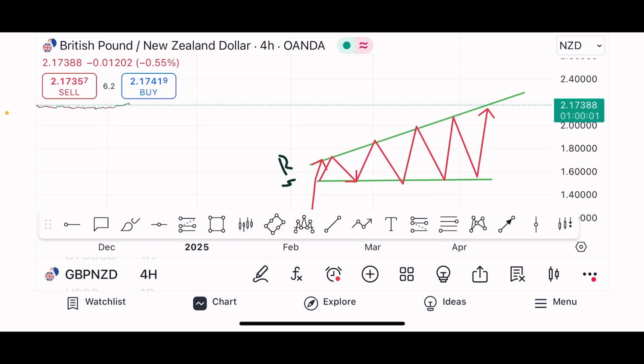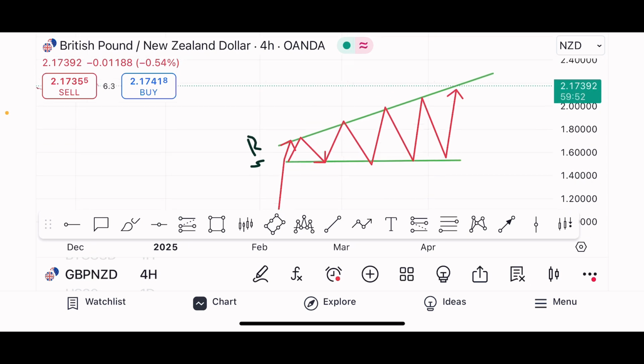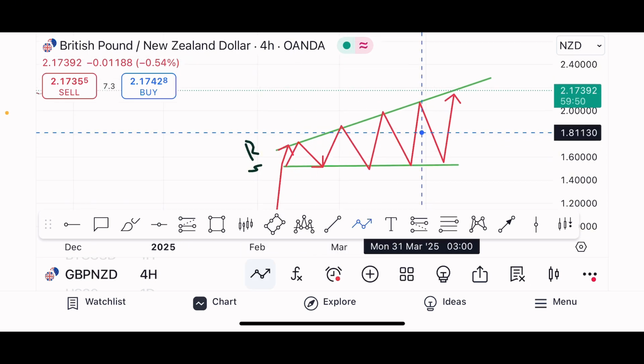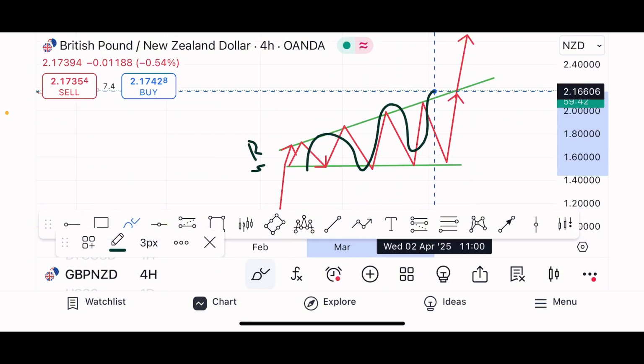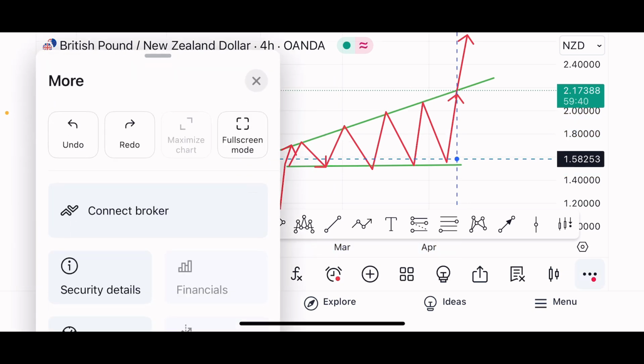So an expanding channel can also be seen as a market consolidating, right? After consolidation, we can expect very strong impulses towards the upside, right? But we can still capitalize within this area right here, right?